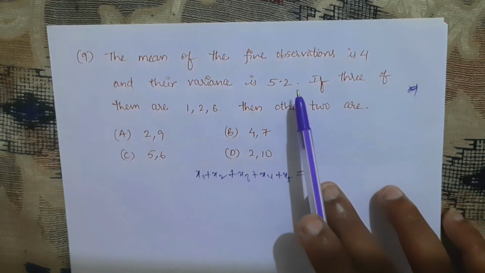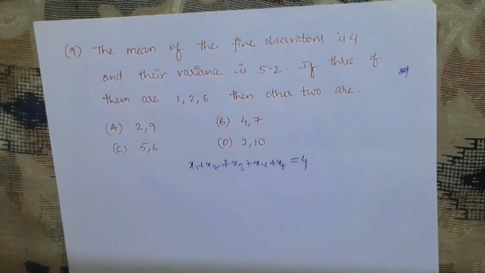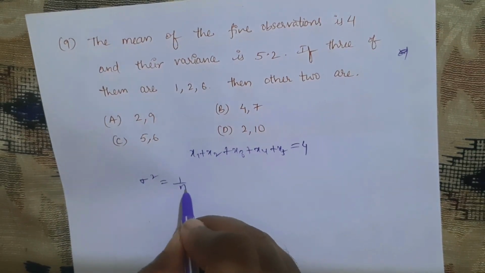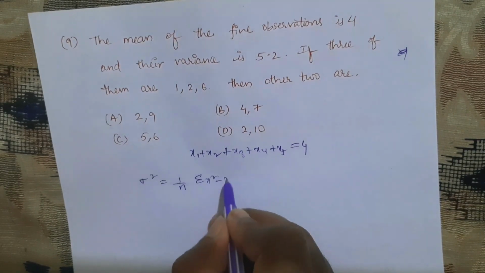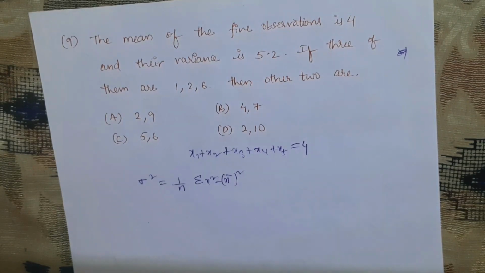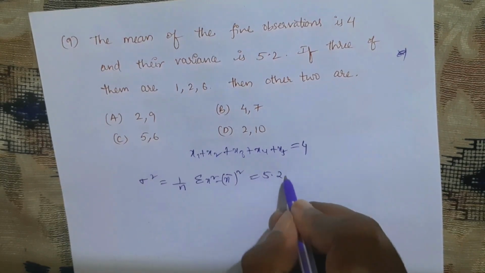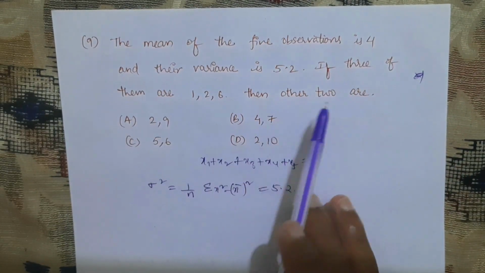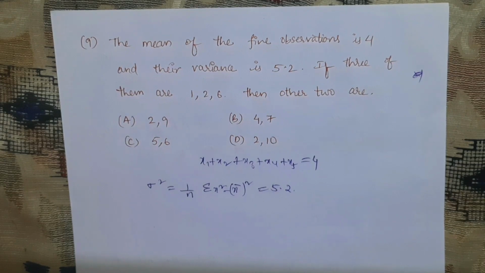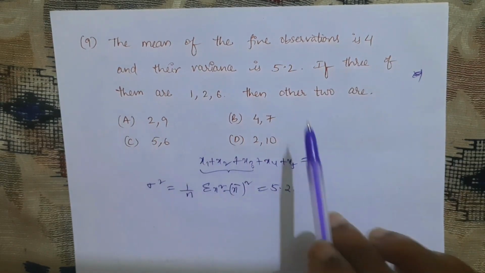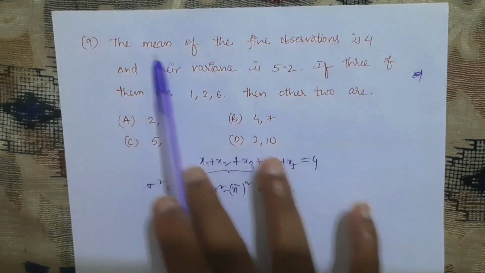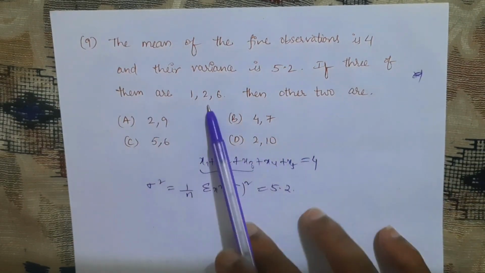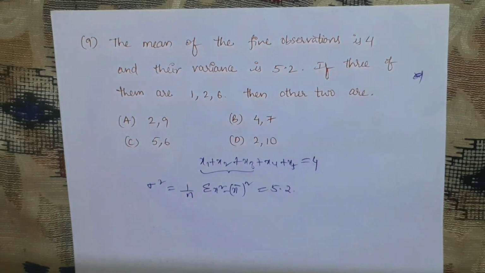We know the variance formula is sigma square, which is 1 by n sigma x square minus x bar square, and they gave that as 5.2. If 3 of them are 1, 2, 6, then we need to find the other 2.